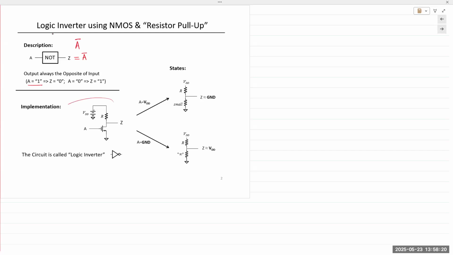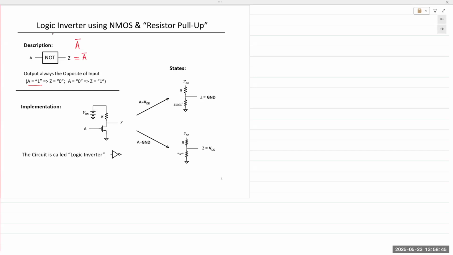Implementation using a single N-channel transistor looks like this. The transistor has two modes of operation, right? We can use it as an amplifier similar to BJTs, or we can combine the two modes of operation, cutoff and linear region, to say it's either on or it's off.